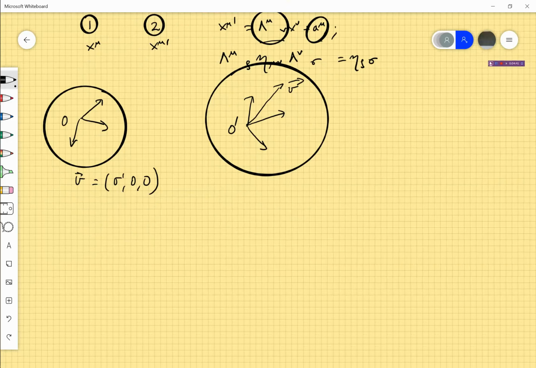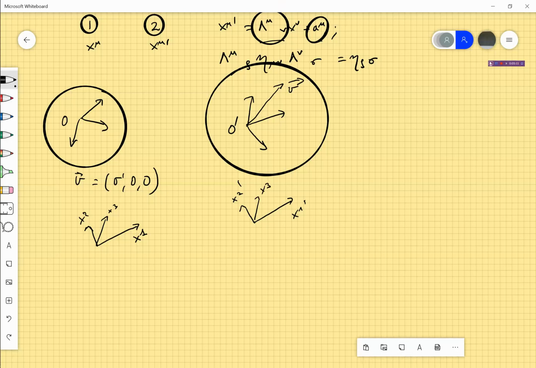So after these two operations, we will see something like this. This will be the new axis x1, and x2 and x3, and the axes x1', x2', and x3' after this rotation will also be parallel, and the velocity v will be parallel to x1 and to x1'.